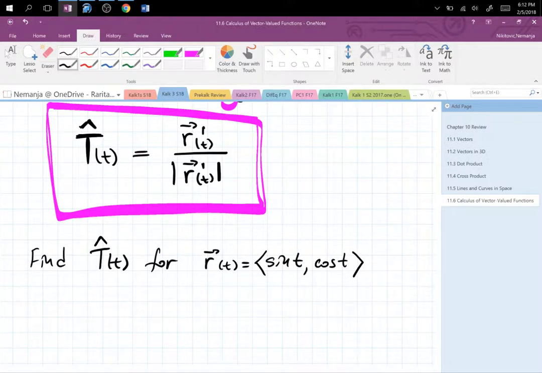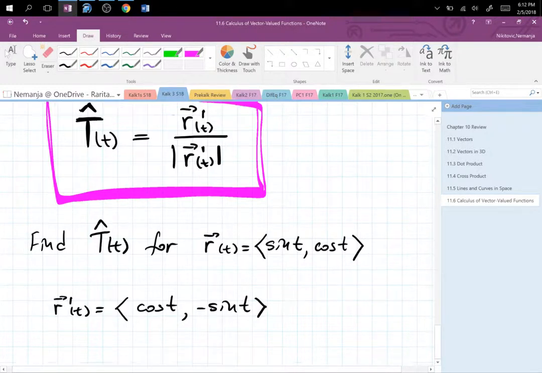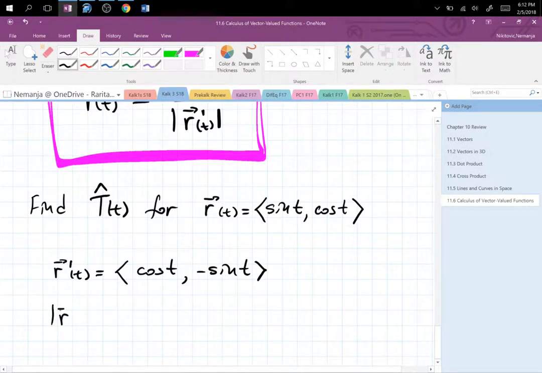To find this, we clearly need r prime of t. r prime of t is cosine t, negative sine t. And then we also need the magnitude of that.